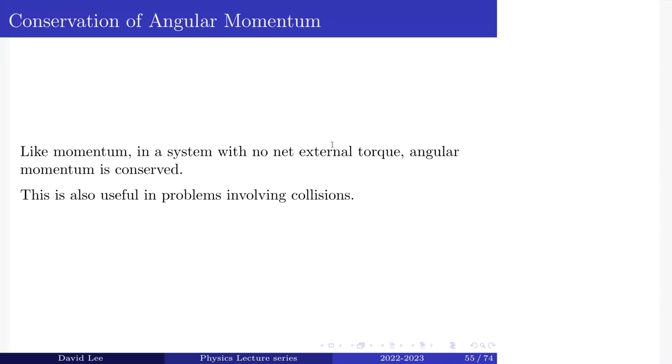Or, more often than not, there's also the famous ice skater problem. So an ice skater pulls in their arms and decreases their moment of inertia. But because of conservation of angular momentum, they have the same angular momentum, so that means their omega will increase.